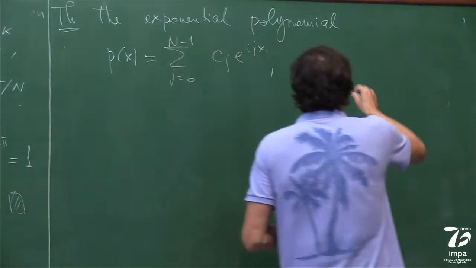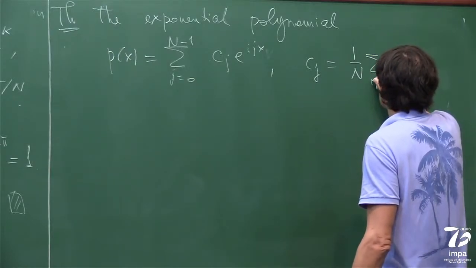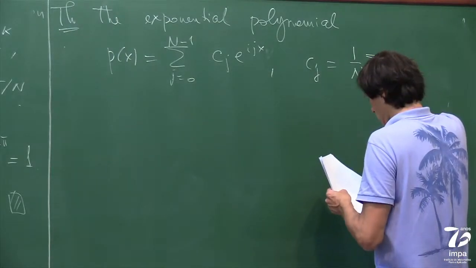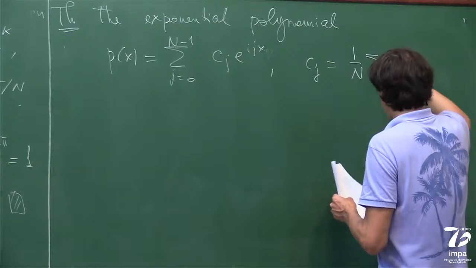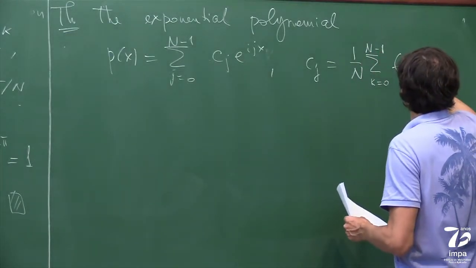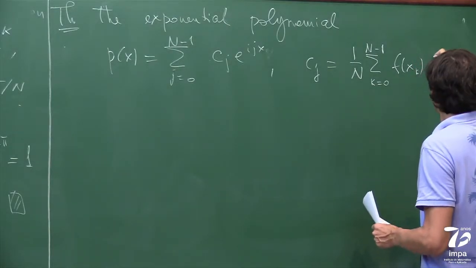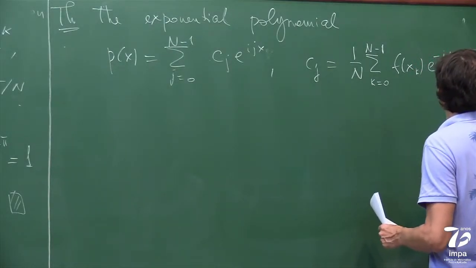So it will be that sum, which stands now for the inner product, and so it's the sum of the function times exponent minus i j x_k.